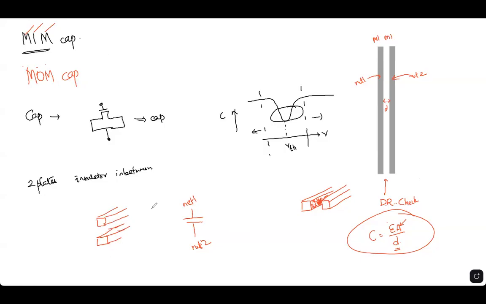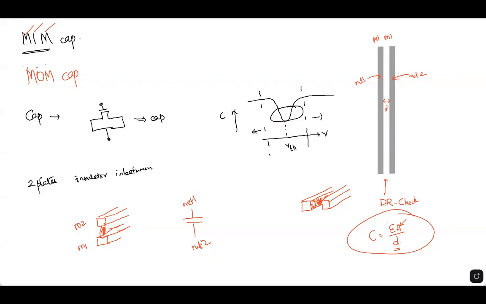So this is metal 1, and this is metal 1, which is on top of metal 1. In between there is a dielectric, right? In between is filled with the dielectrics and insulator. Now these metal over metal caps are also there in some of the technologies. Some technologies may not have it.